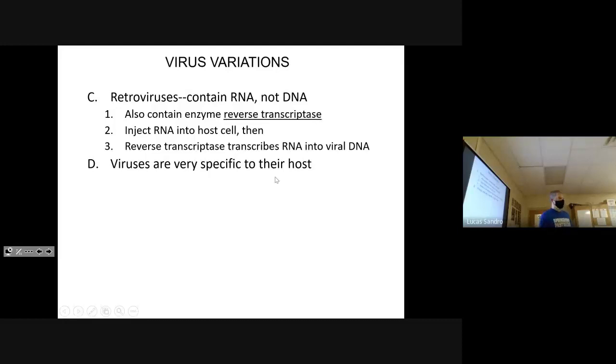A bacteriophage, the kind that infects bacteria, it's not going to infect the protist. You're not going to get your dog's flu. You're not going to give your cat your cold. They're specific. They're generally very species specific. They don't usually jump from one kind of host to another.